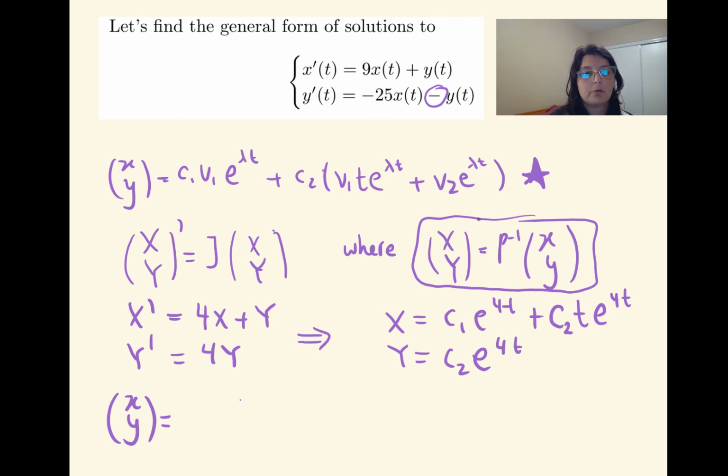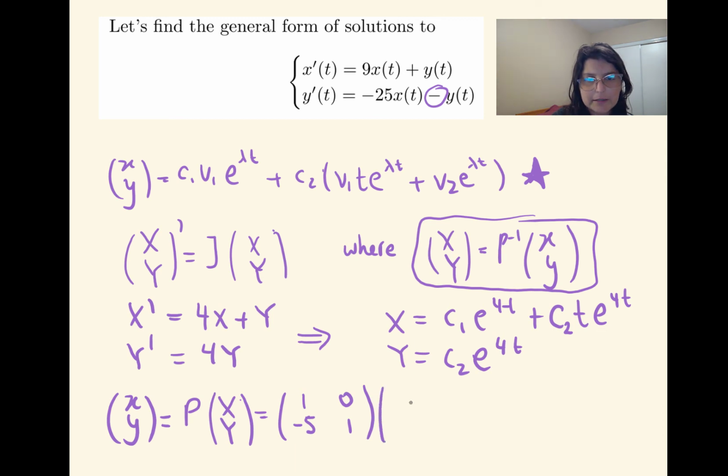So x, y in lower case will be the matrix P times capital X, capital Y. And the matrix P is 1, minus 5 for the first column, and then 0, 1 for the second column.